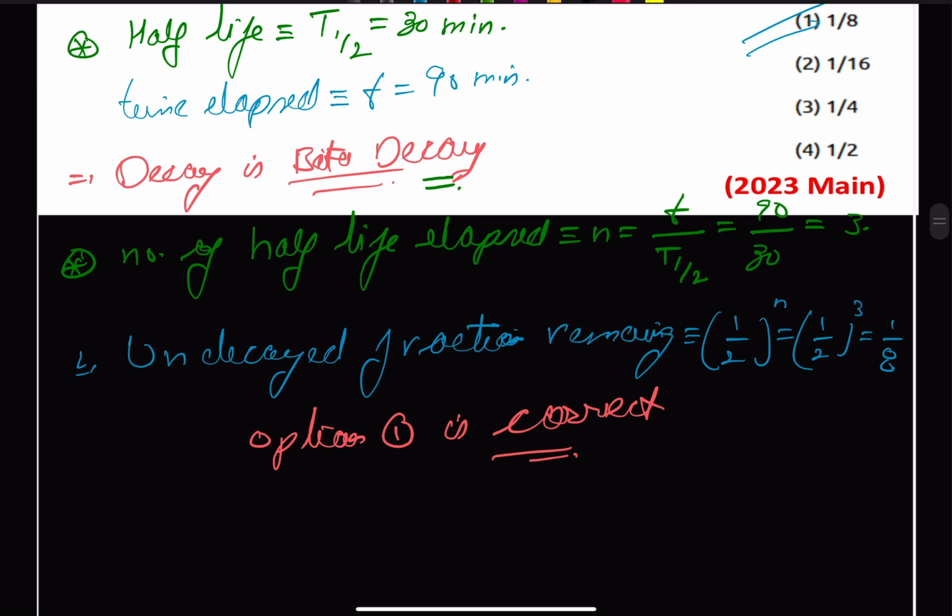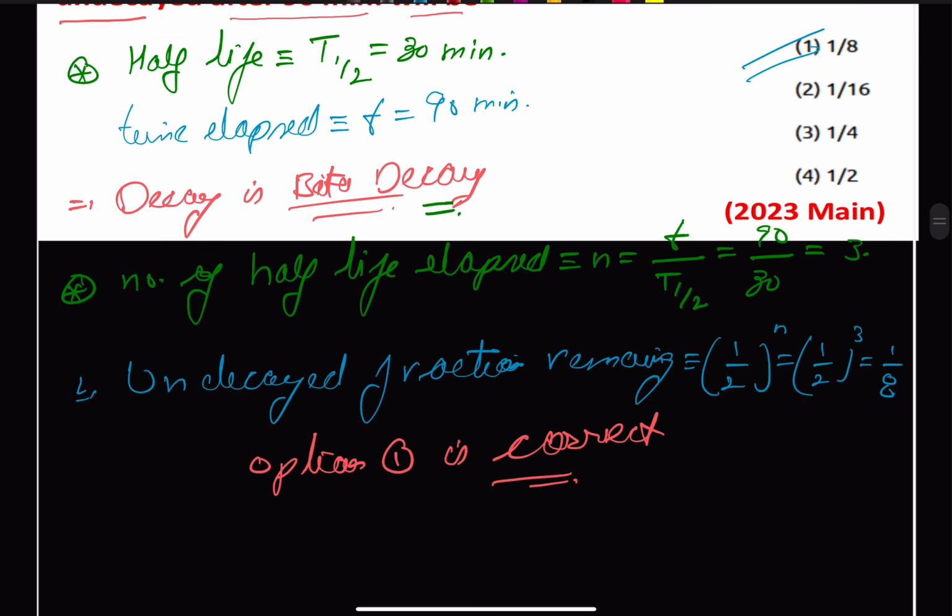So in this case, if we see the solution, what type of decay is taking place does not matter. It is simply decay, whether it is beta decay, gamma decay or alpha decay, that doesn't matter, because the undecayed fraction is only dependent upon the number of half-lives that have elapsed, or basically the half-life as well as time elapsed.